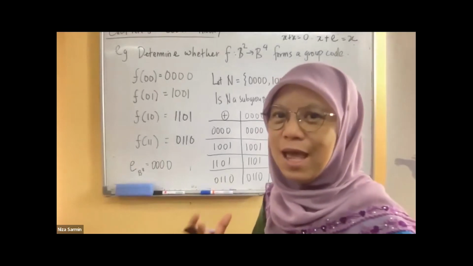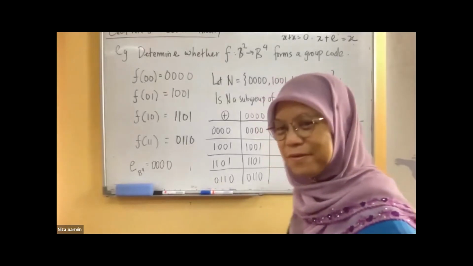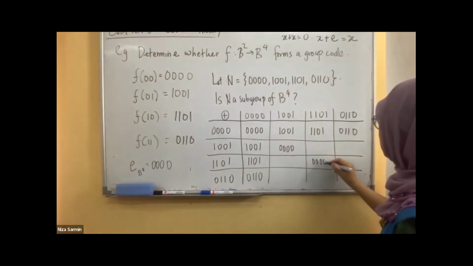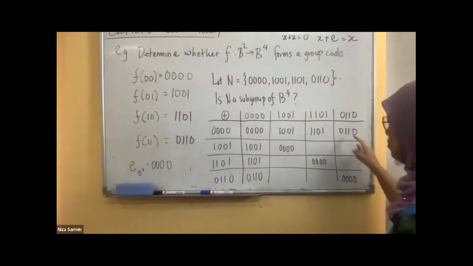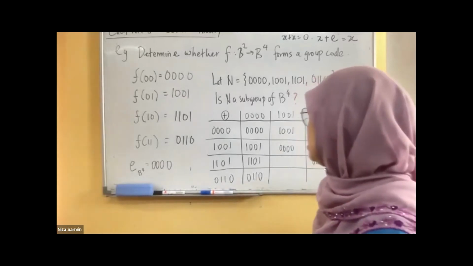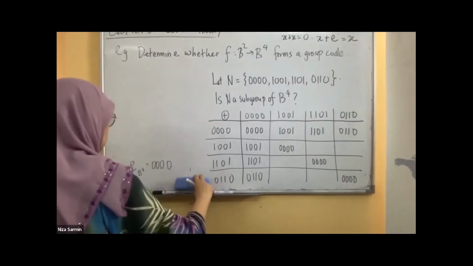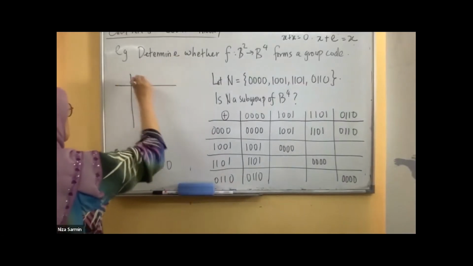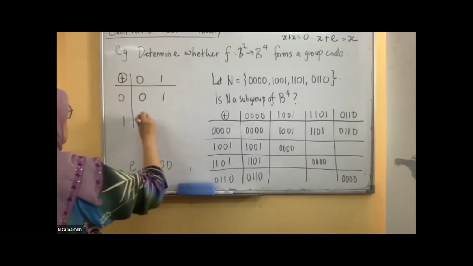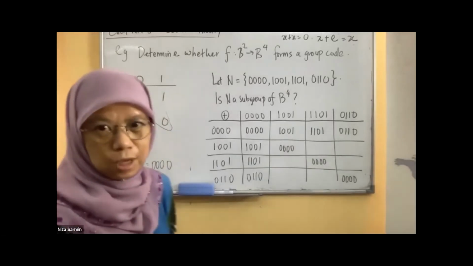So if you add x to itself, you will always get 0. Easy. You don't need to calculate. You remember yesterday I gave you the rule: 0 plus 0 is 0, 0 plus 1 is 1, 1 plus 0 is 1, 1 plus 1 is 0. So if you add the same number, you get 0.